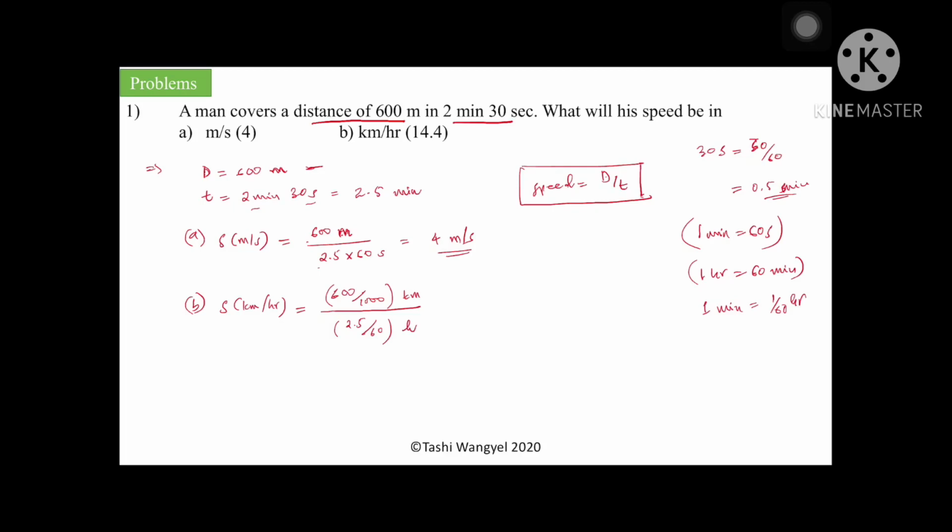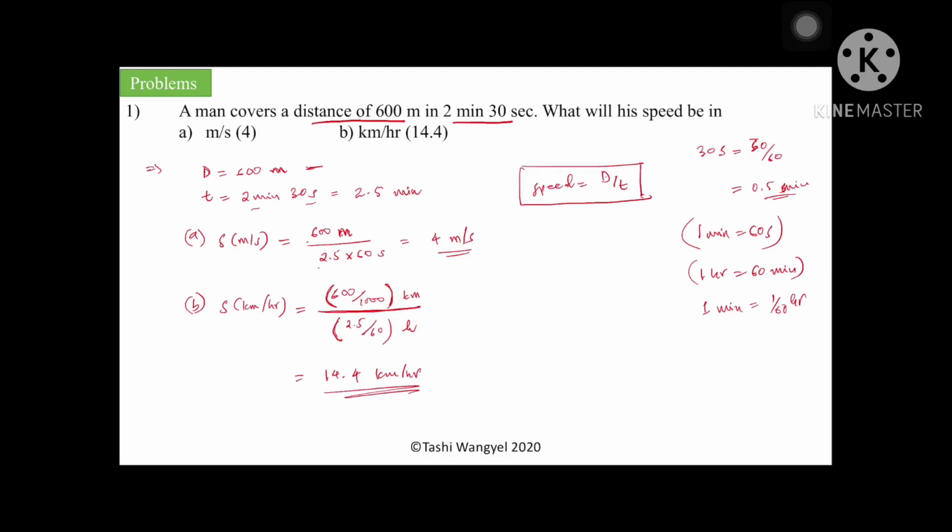In the calculator, open bracket 600 divided by 1000 close bracket, division sign, open bracket 2.5 divided by 60 close bracket, carefully to avoid mistakes. So the speed in kilometer per hour comes to 14.4 kilometer per hour.